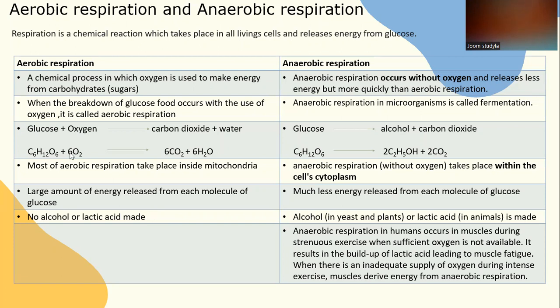As you can see below, this is the chemical equation: C6H12O6 represents glucose, plus 6O2 means 6 oxygen, to produce 6CO2, which is carbon dioxide, plus 6H2O, which is water. Most aerobic respiration takes place inside mitochondria, and a large amount of energy is released from each molecule of glucose. No alcohol or lactic acid is made.